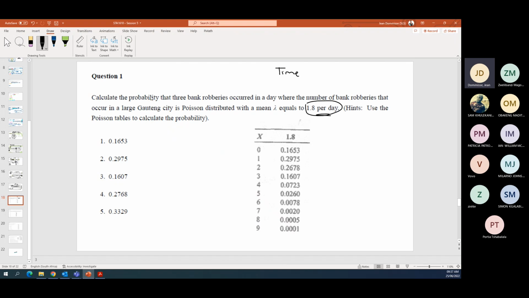Calculate the probability that 3. This is also something that you need to check, which they do a lot in the stats exam. When I look at the question, that was very easy for me to see because it's a number. Now you think, okay, I've got alpha as 1.8. Where is my x?